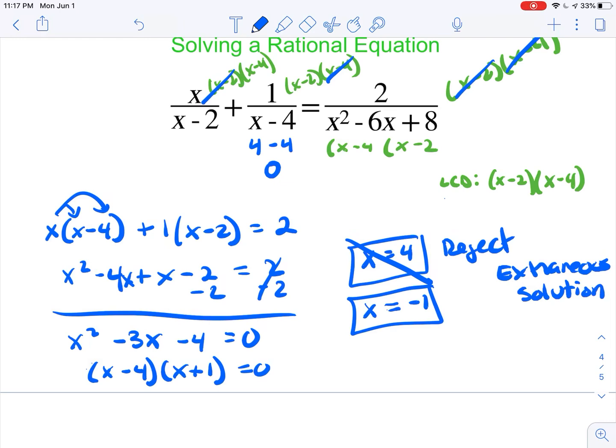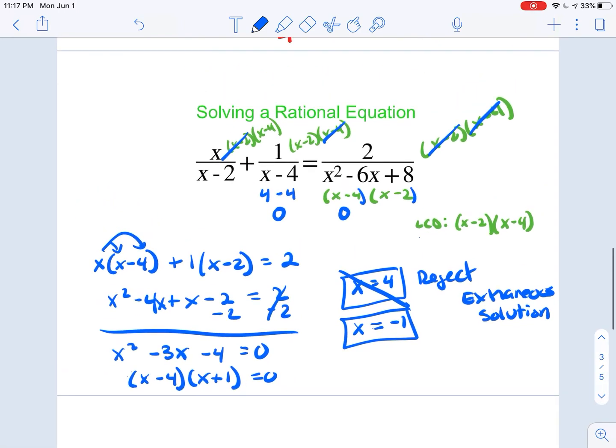It only needs to make one of the denominators equal to 0 to make it a problem. But if we actually look at this side, we see that this would also be a 0 if x was equal to 4. So that's no good. X equal to negative 1 does not cause any problems, so it is our one and only solution. All right?